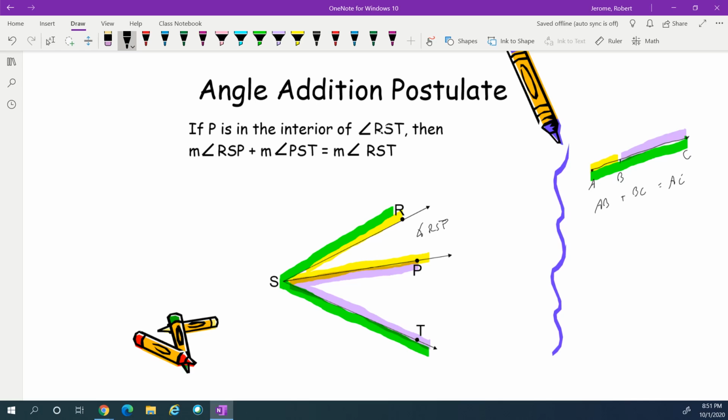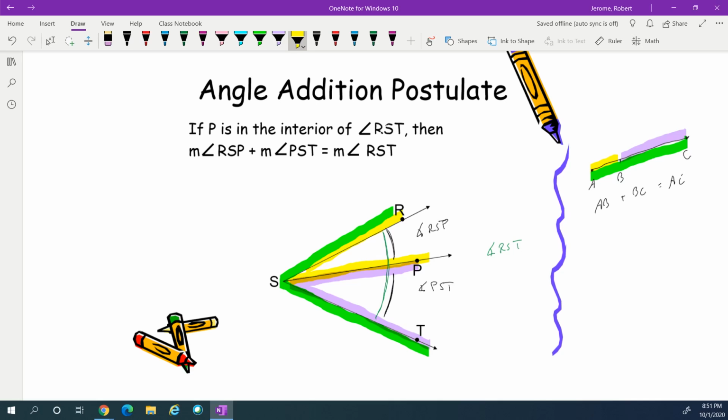And the second one, the purple one, is angle PST. So the first little angle and the second little angle, and together, they make the whole thing, which is angle RST. So that's what we have up here.